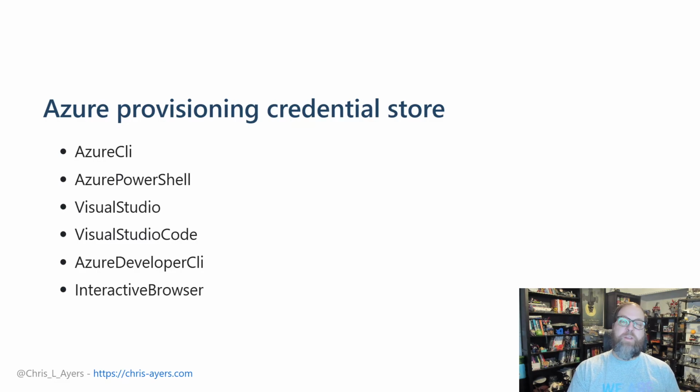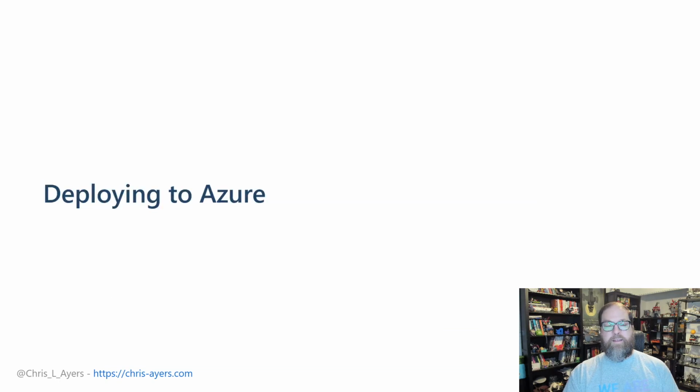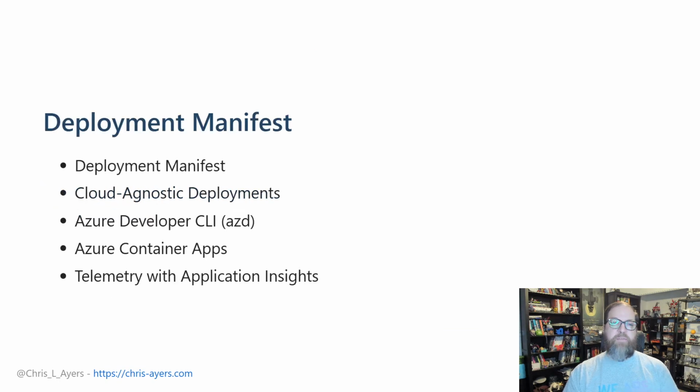It'll use my default Azure credential pretty much everywhere it can, and it can pull that from the CLI or PowerShell if I've logged in. If I'm using Visual Studio or Visual Studio Code, I can set which profile I want to use to create resources in Azure. And then I can deploy those by just hitting F5.